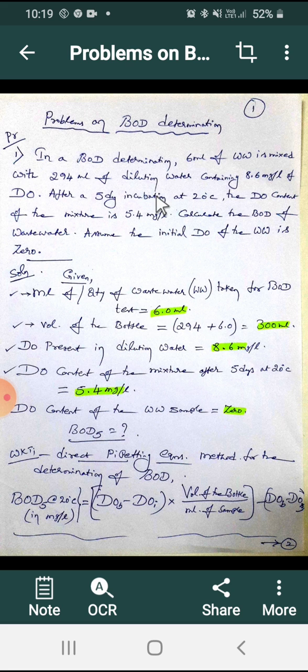After a 5 day incubation at 20 degrees centigrade, the DO content of the mixture is 5.4 milligrams per liter. Calculate the BOD of wastewater, and assume the initial DO present in wastewater is equal to 0. The problem is given clearly like this. Try to understand this problem and how to solve.